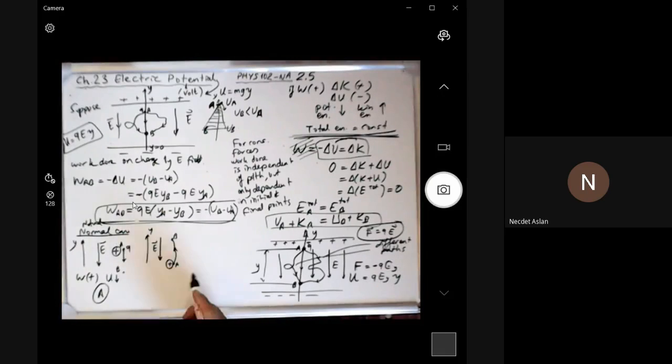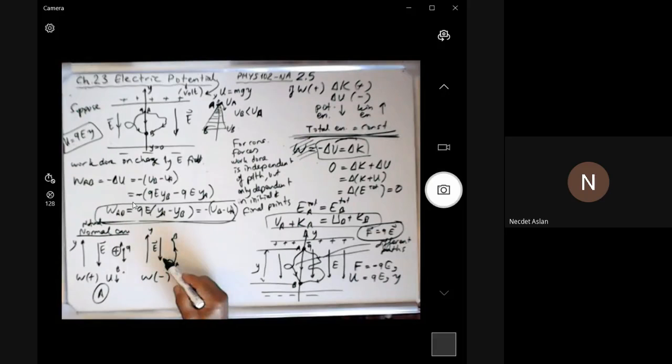Now, as you see, this is not a normal case, because normally, if there is an electric field downward, the force on the charge would cause the charge to go downward, but now the charge is going upward. So it means that something else is doing the work. If we ask ourselves whether the electric field is doing the work, the answer is no, or negative. So W is negative. Do you understand the difference between positive and negative? If your answer is yes, W is positive, but if your answer is no, W is negative.